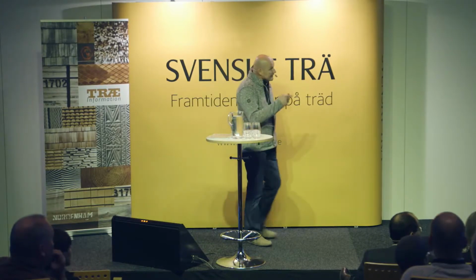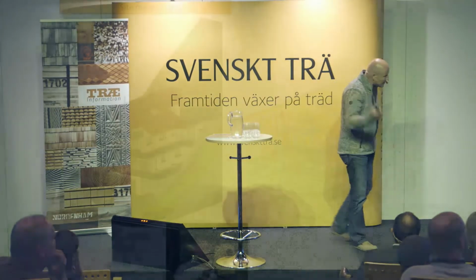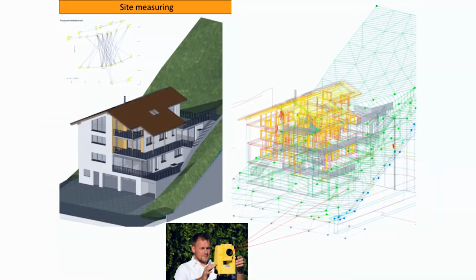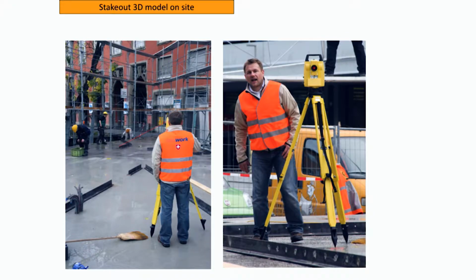So these systems are very, very common. They are very, very simple in handling, and every carpenter can do this. And the opposite of this measurement is a stake out. As we say, stake out.